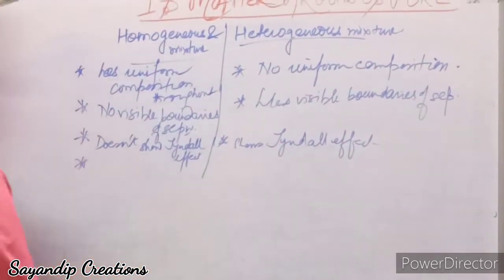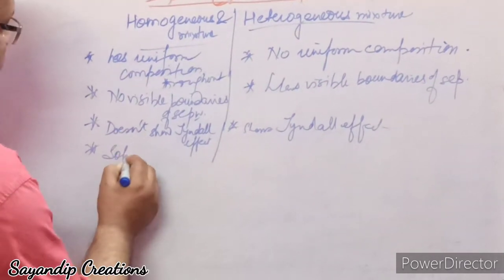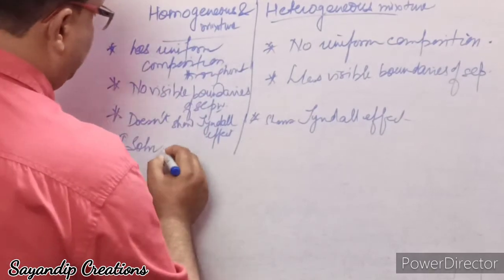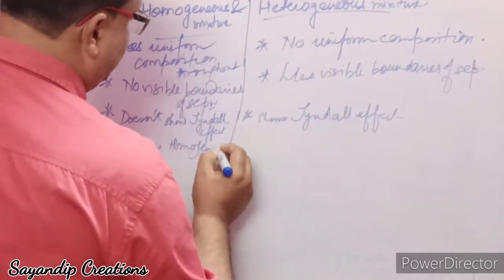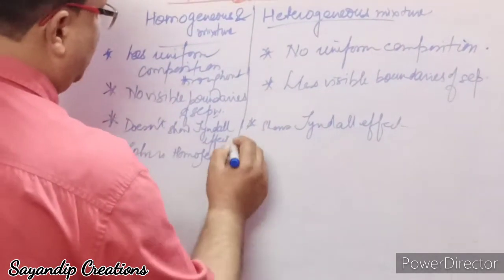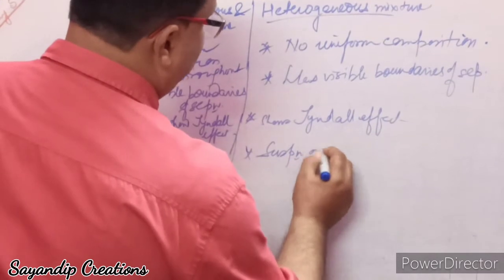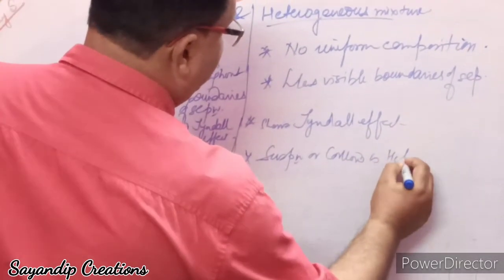Fourth point, a true solution is homogeneous in nature. Suspension or colloid is heterogeneous.